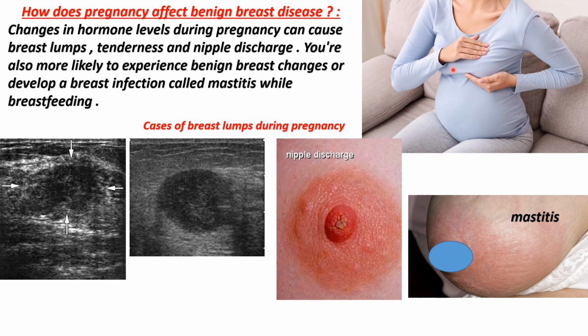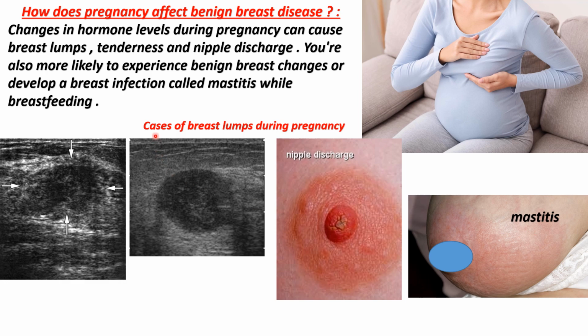The question now, how does pregnancy affect benign breast disease? Changes in hormone levels during pregnancy can cause breast lumps, tenderness, and nipple discharge. You are also more likely to experience benign breast changes or develop a breast infection called mastitis while breastfeeding.